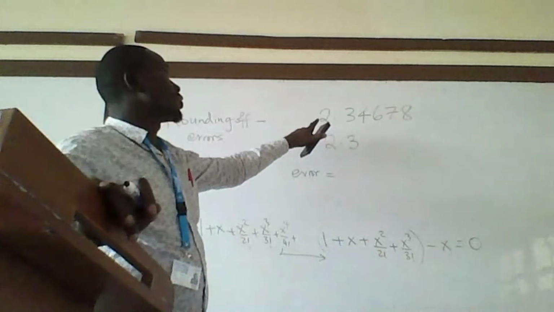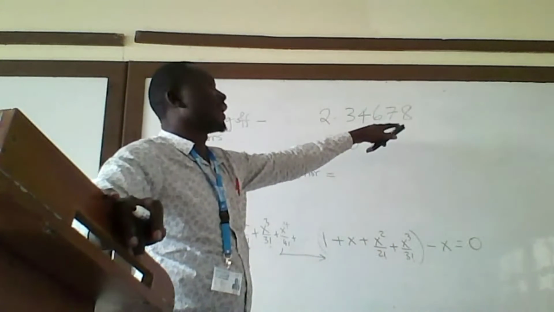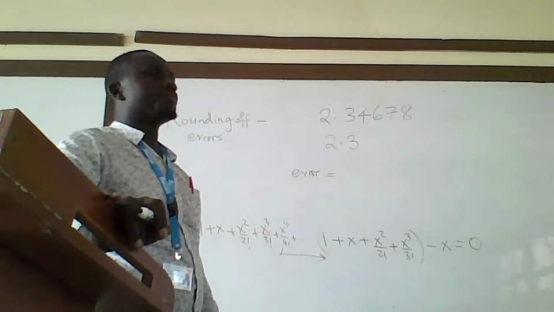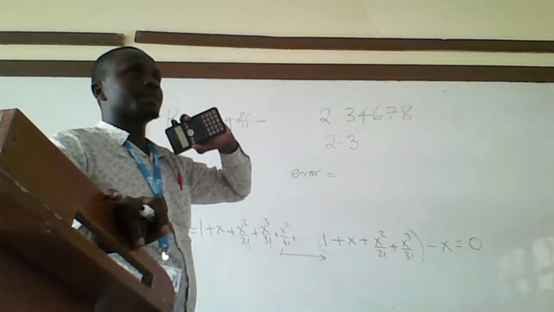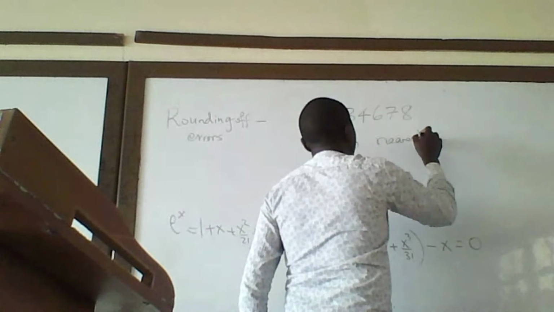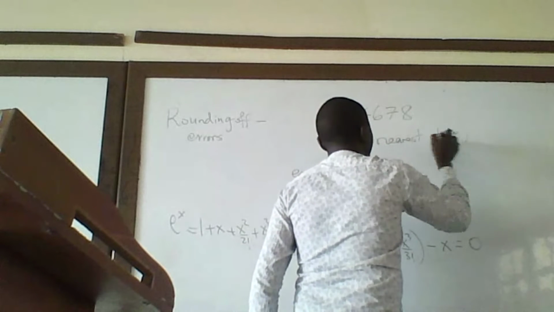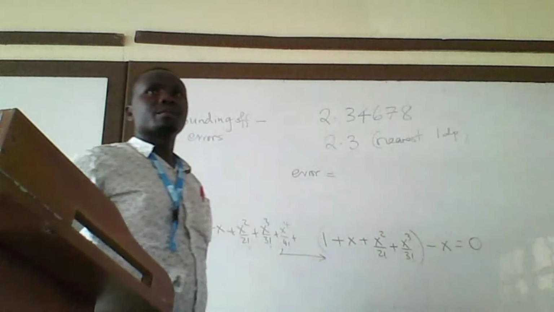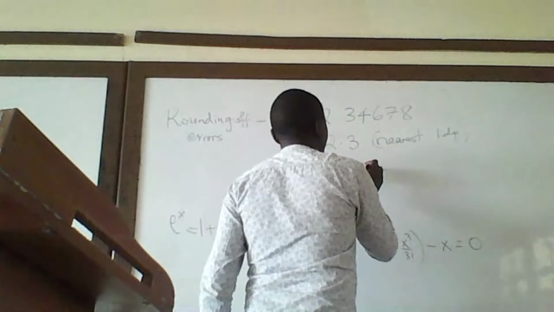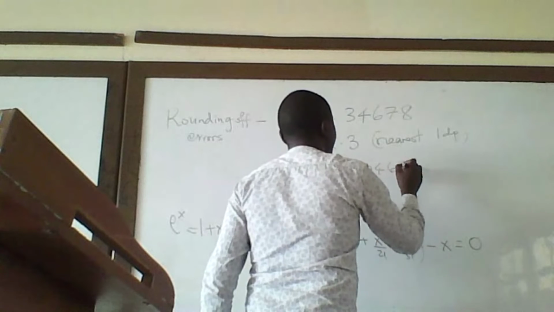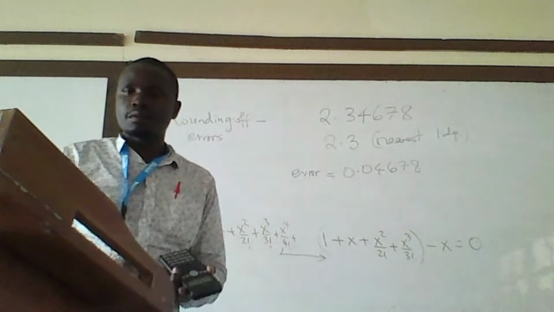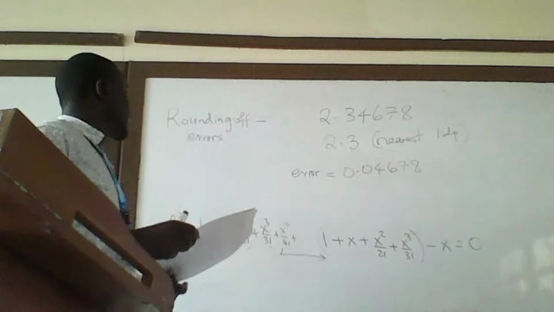Assuming the actual number is 2.34678, then you use 2.3, rounding off this number to the nearest one decimal point. So what will be the value of the round off error? 0.04678. Yeah. So this is what would be the value of the round off error.